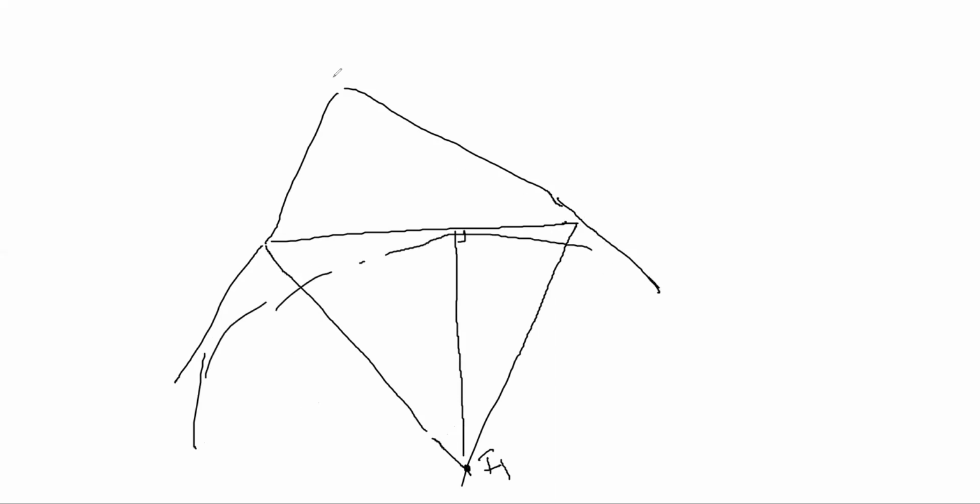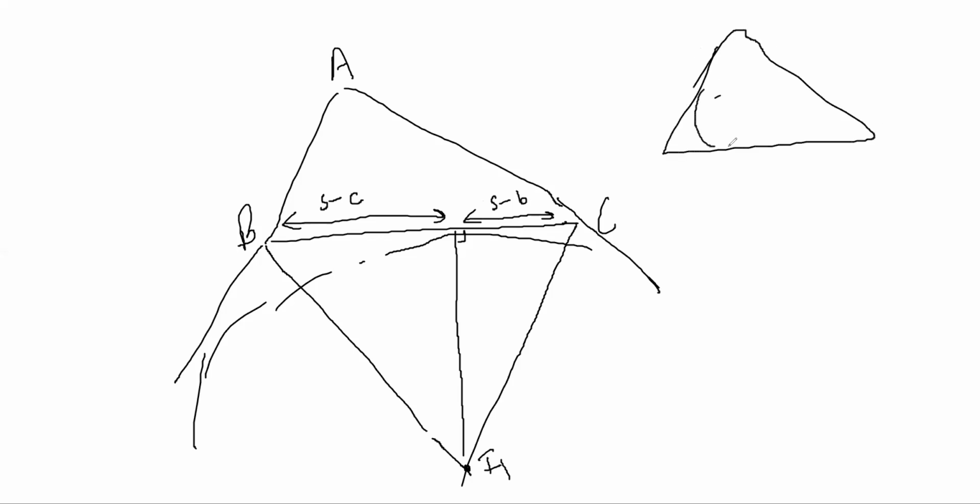Now, if this is A, this is B, this is C, this distance is equal to S minus C, and this distance is equal to S minus B. If you had a different situation where the incircle was there, then if this was B, this distance would have been S minus B, and this distance would have been S minus A. Correct?